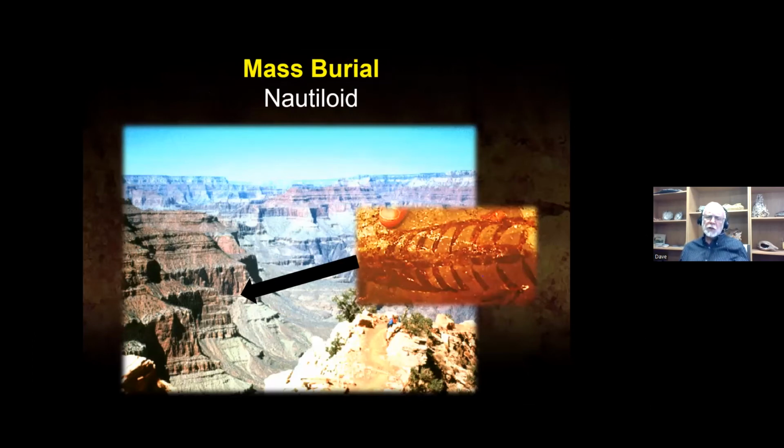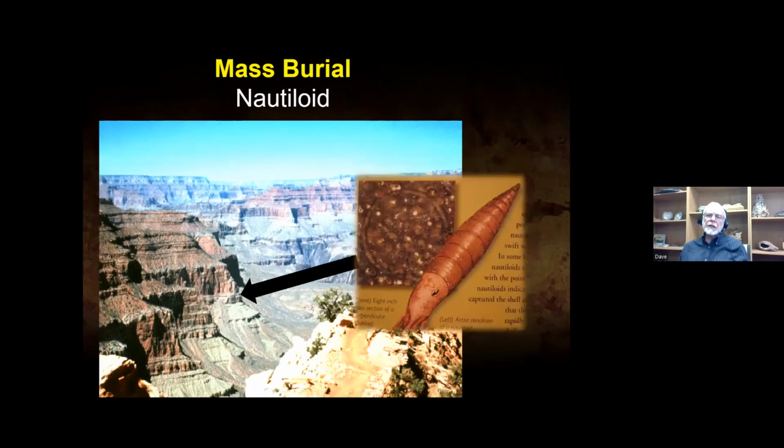So instead of a slow and gradual, calm sea environment, like the rangers say, that's their filter, it was actually in a current. A nautiloid was probably occupied by a squid. There's millions of them, mostly pointing the same direction, being sorted by water current.